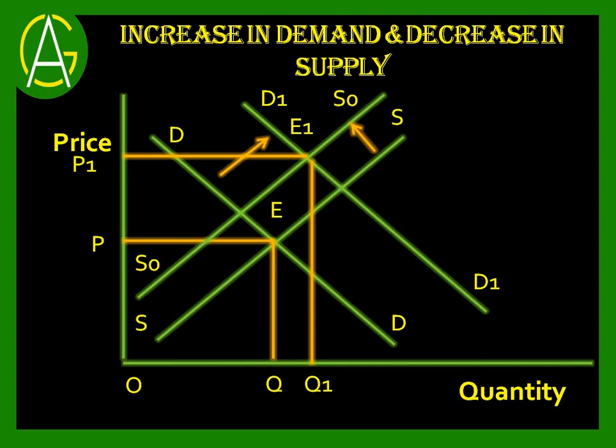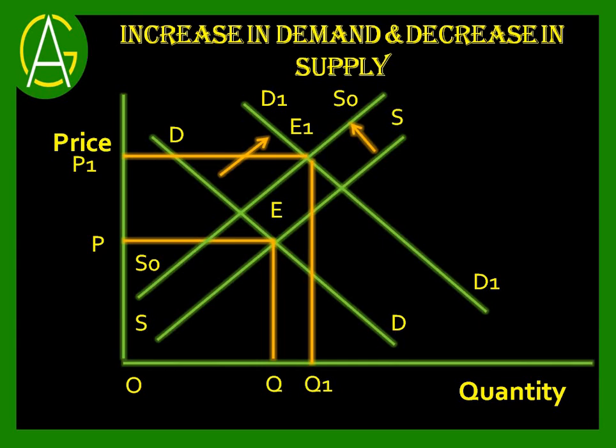We can see that the demand has increased by a greater amount and the supply has decreased. It means that there will be greater shortage in the market, and when there is greater shortage in the market, it means that the price is going to increase drastically. So the price has become from OP to OP1, so price has increased.